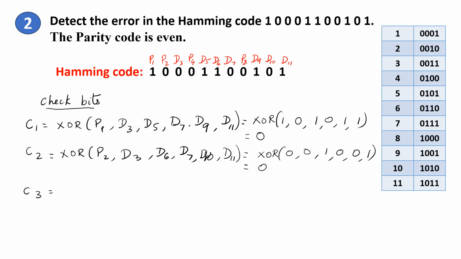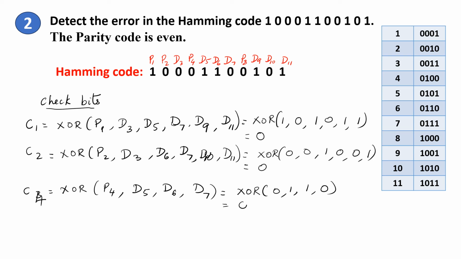Next C4, XOR of P4 comma, then in the table the data bits having 1 in the third position. So it is D5, D6 and D7. So that is equal to XOR of 0, 1, 1, 0. So that is an even number of 1s, so output is 0.